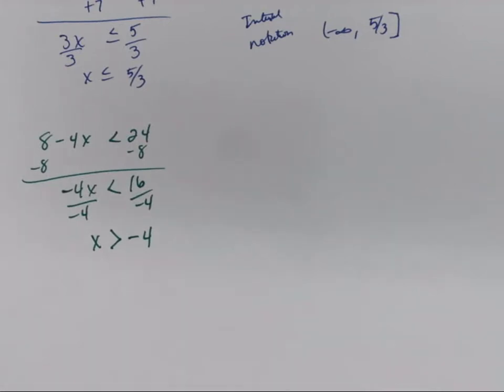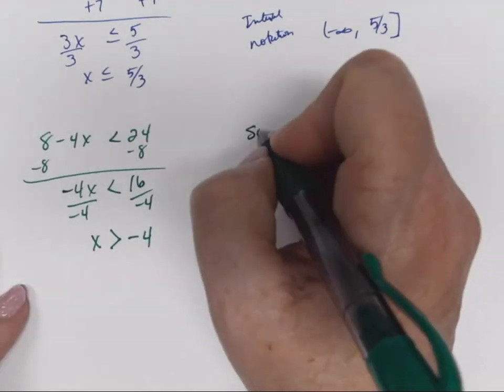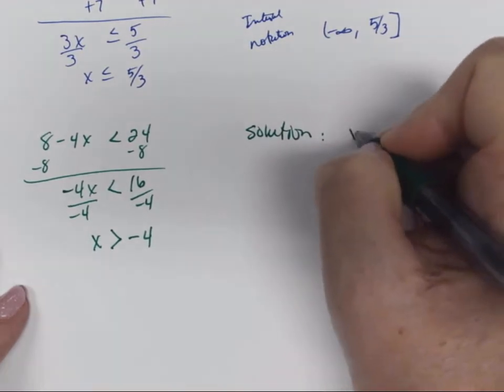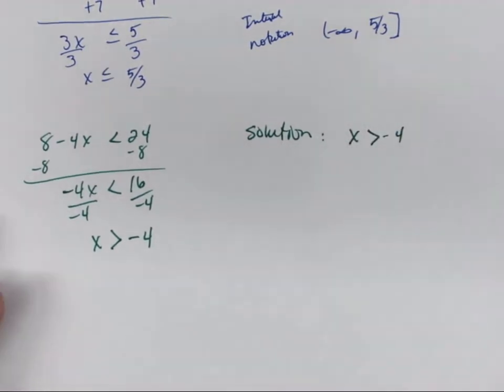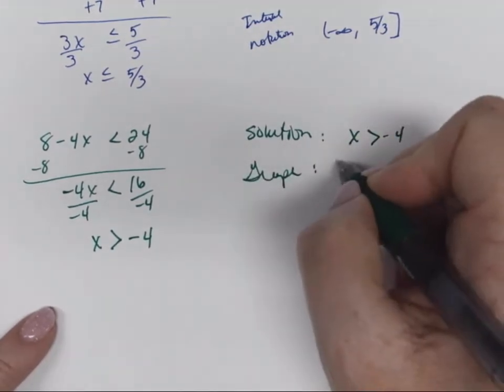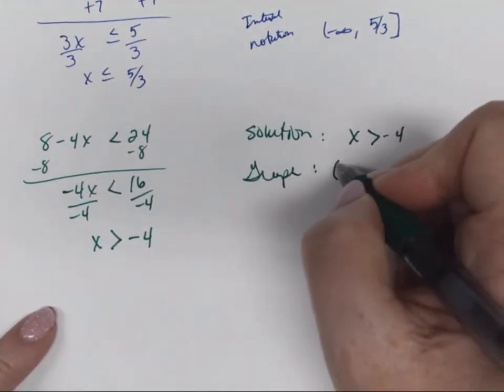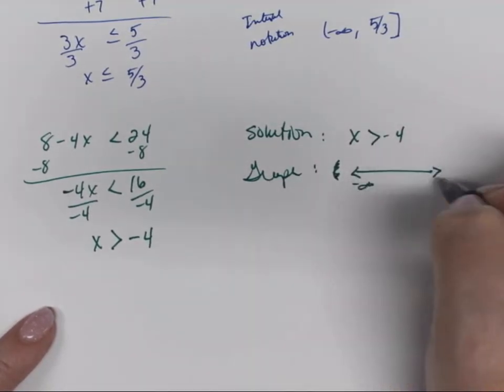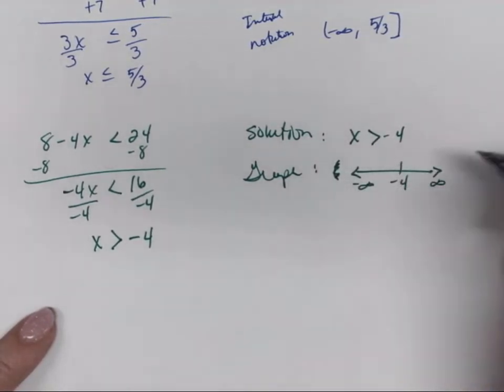All right, so what's our solution? Our solution is going to be x is greater than negative 4. The graph will be from, oops, I got to do the graph, meant to be an arrow. Negative infinity to infinity with a negative 4.